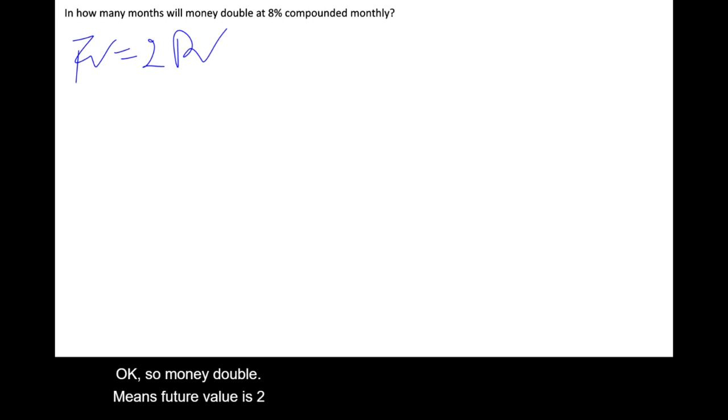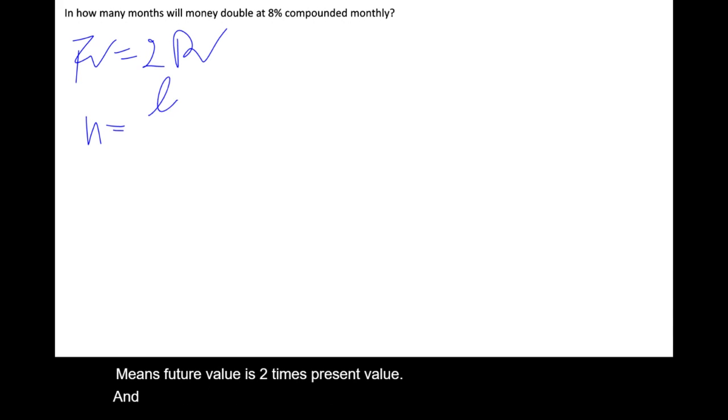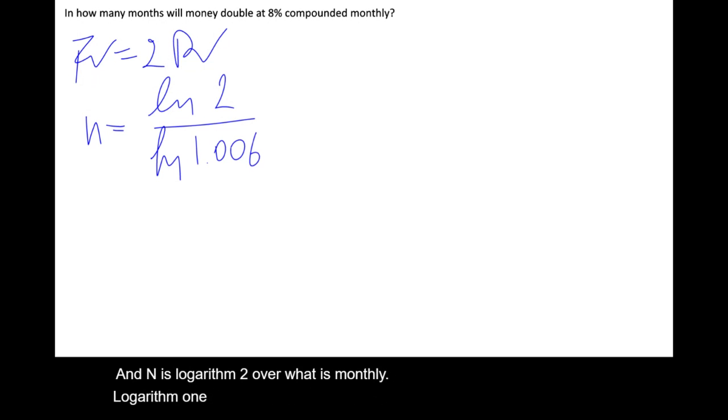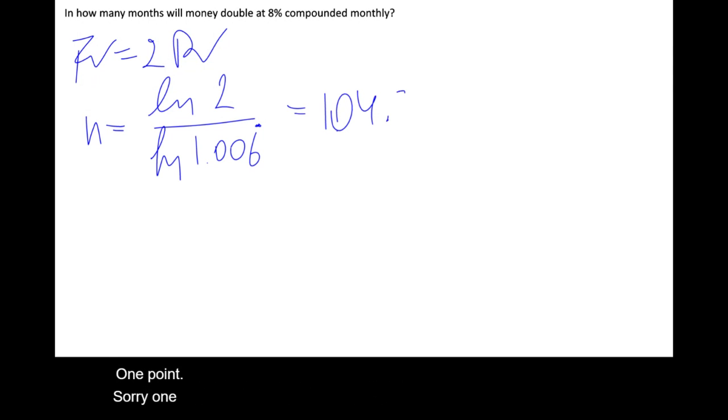Okay, so money doubling means future value is 2 times present value, and n is logarithm 2 over logarithm of monthly, 1.00666 in period. So 2 logarithm divided by 1.0066666 logarithm, 104 31 82 773.